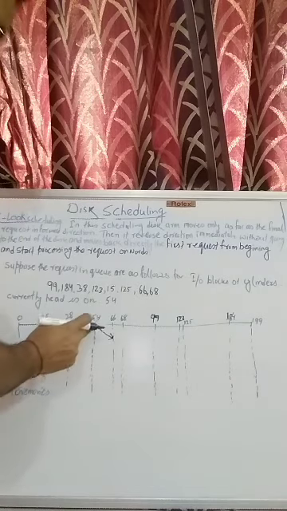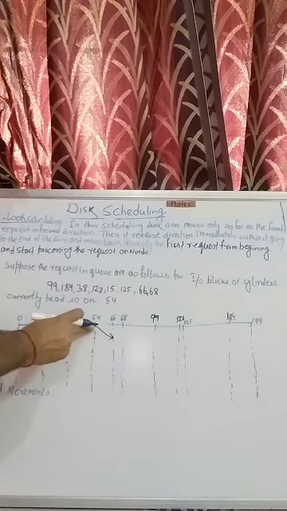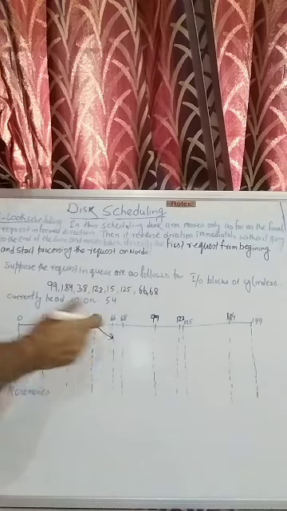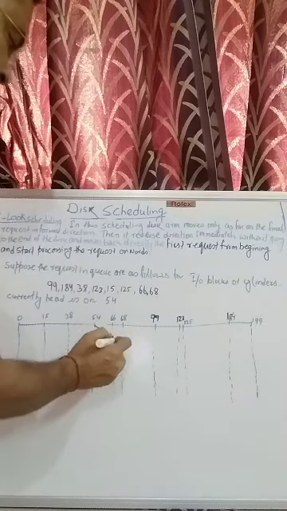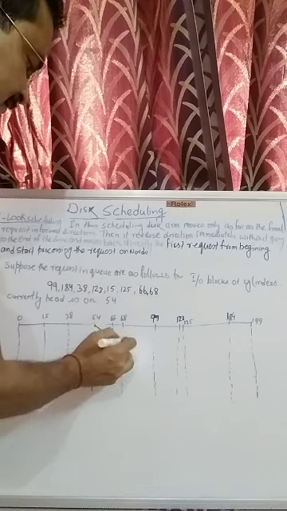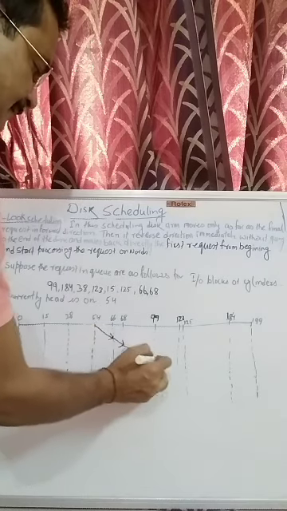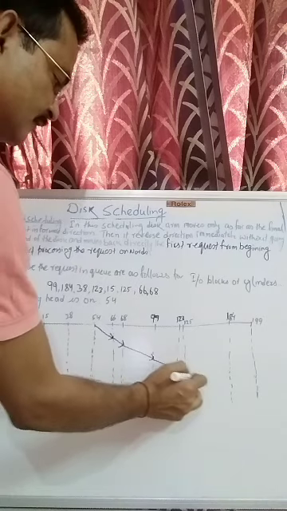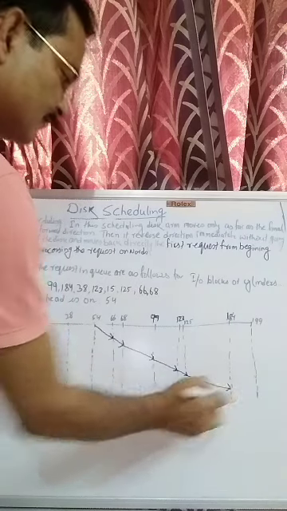Then we start from the head's current location, 54, to process the first request, that is 66 onwards, then 68, then 99, then 123, then 125, then 184.